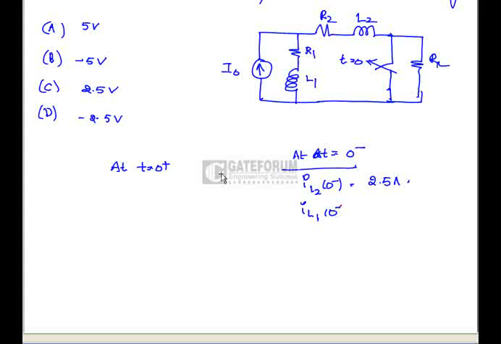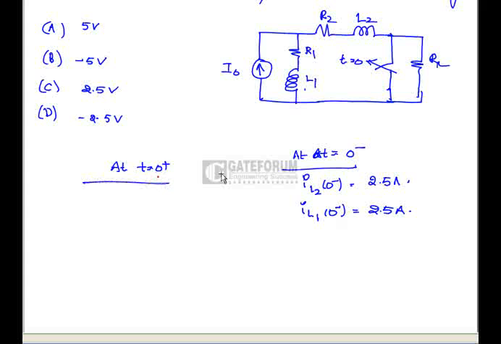IL1 of 0 minus is also 2.5 amps, because the resistances R1 and R2 are equal. In the steady state condition, L1 and L2 act as a short circuit. So I0 is equally divided between R1 and R2. So the magnitude of I0 is 5 amps. Hence, IL2 of 0 minus is 2.5. IL1 of 0 minus equals 2.5.